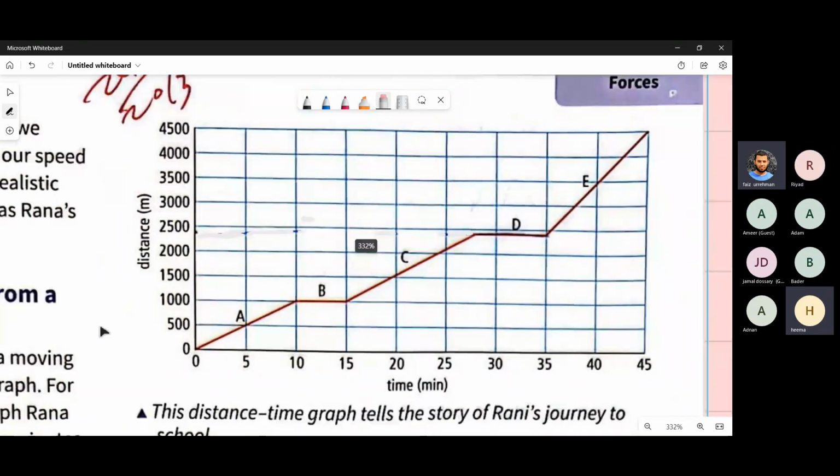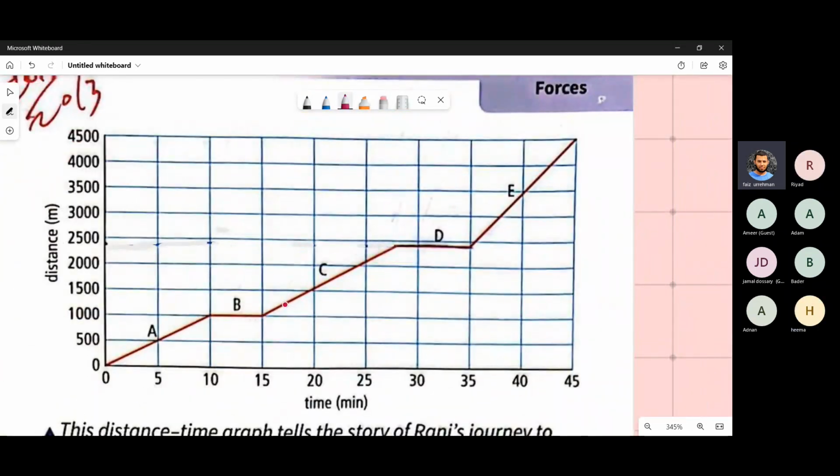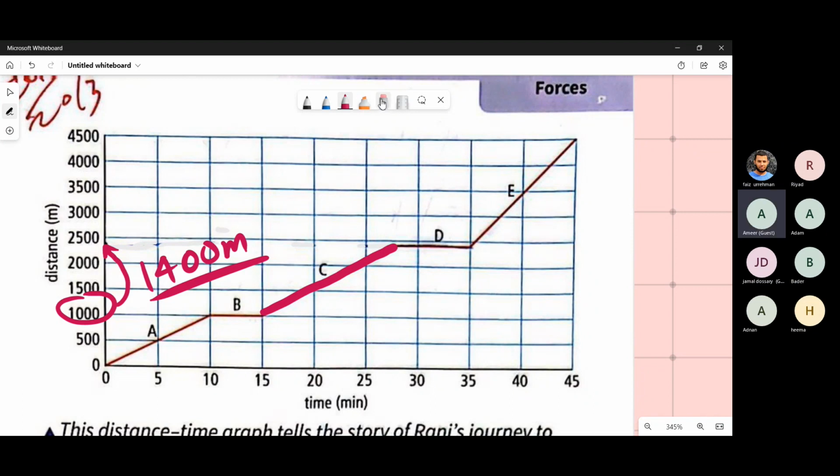I'll quickly finish this graph. So what happened in the next 12.5 minutes, this boy traveled from 1,000 all the way to 2,400, meaning a 1,400 meters journey over 12.5 minutes.